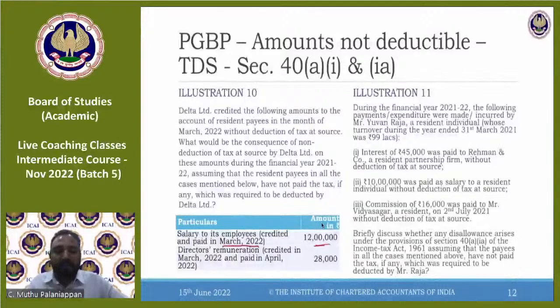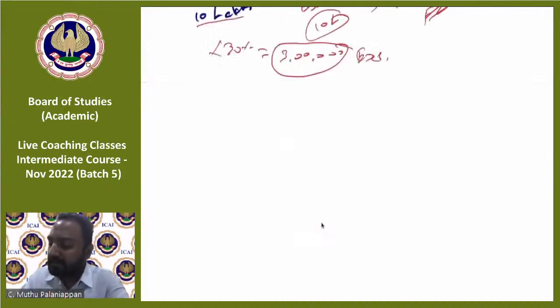So automatically 30% of 12 lakh, that is 3,60,000, is not an allowed expenditure. Similarly, for directors, on this 28,000 TDS should have been deducted. It is not deducted, so 30% of this 28,000 is also disallowed. So these two expenditures, 3,60,000 and 30% of 28,000, will be disallowed. So what will be the answer?